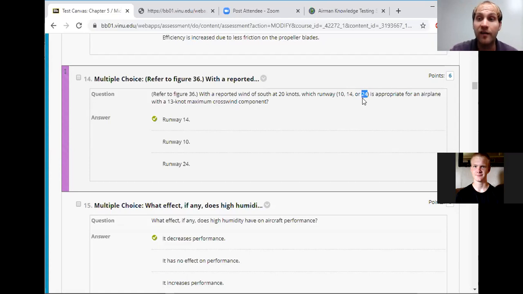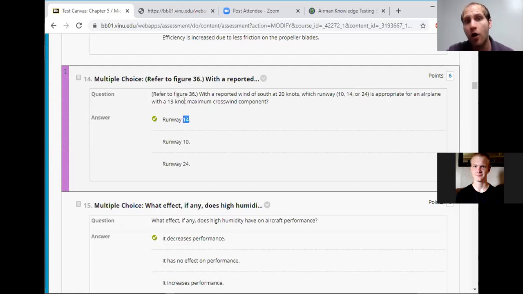Which one of these runways gives me the most amount of headwind? Well, the answer is runway 14. Because 140 and the difference of 180 is only 40. That's the smallest angle difference. That's the least amount of crosswind, the most amount of headwind. So that's why the correct answer choice is actually runway 14.